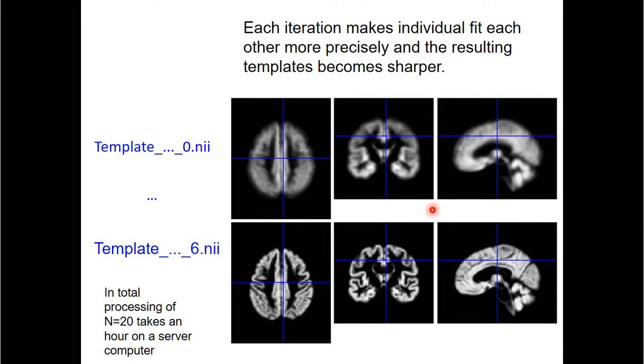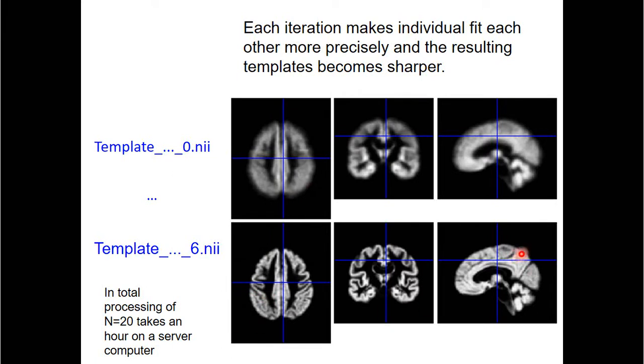And this is what it gives. So the first template, as you see, is quite unclear, quite smooth, and you see that the anatomy doesn't correspond well in different individuals. But template 6 is much sharper.